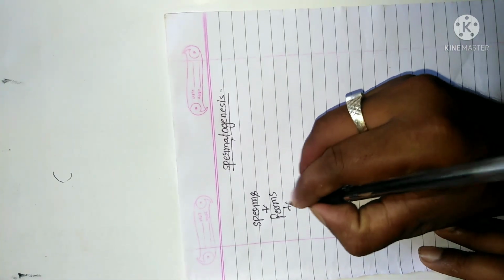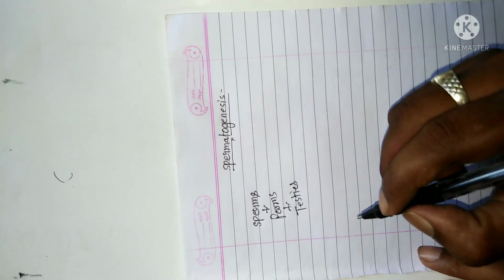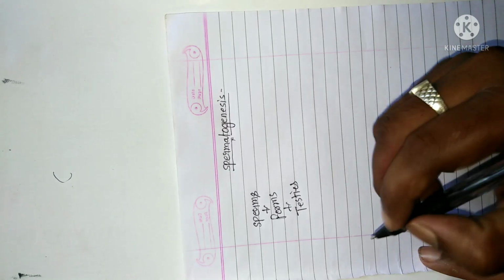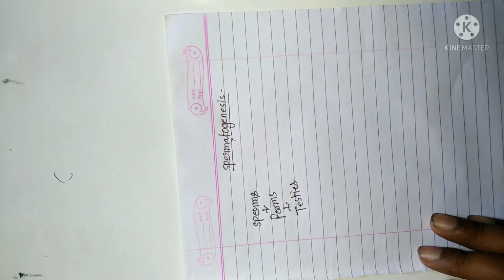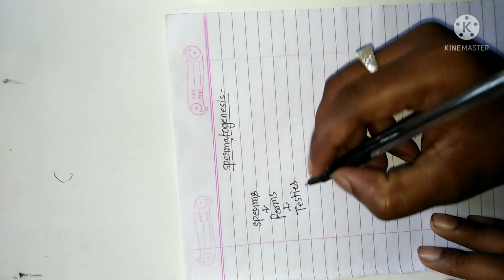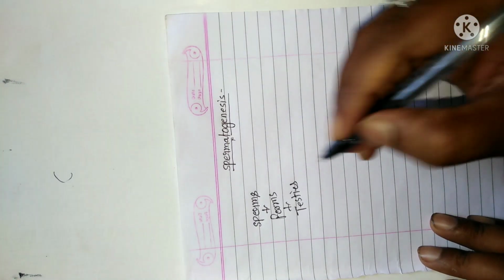Sperm forms in testes. This process is called spermatogenesis. The formation of sperms in the spermatogenesis process includes three stages.